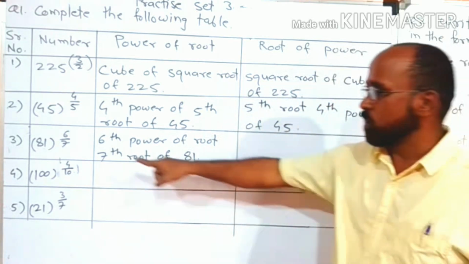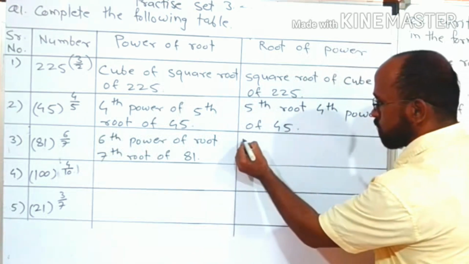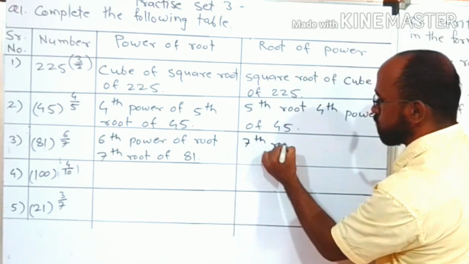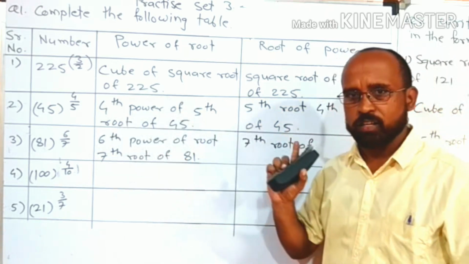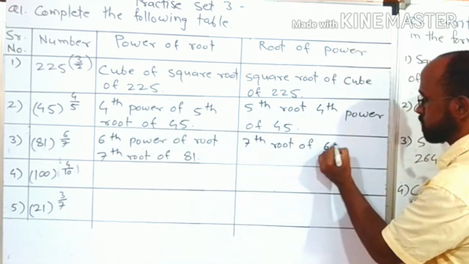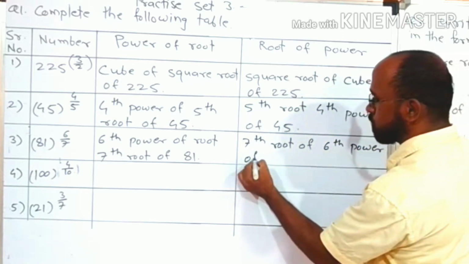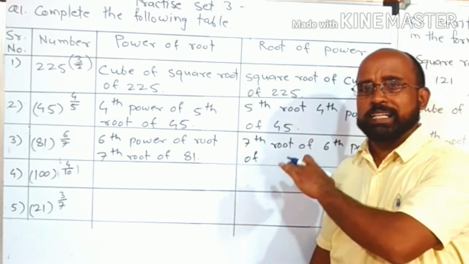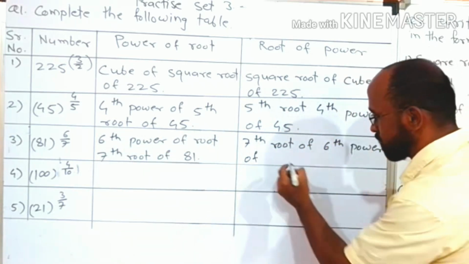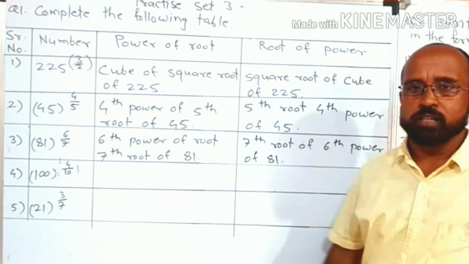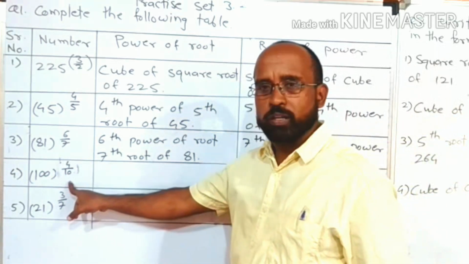Root of power. Root comes in the denominator 7. Seventh root. Seventh root of power comes in the numerator 6. Sixth power of. Which number's index is this? The number is 81, which is base. Clear, friends?